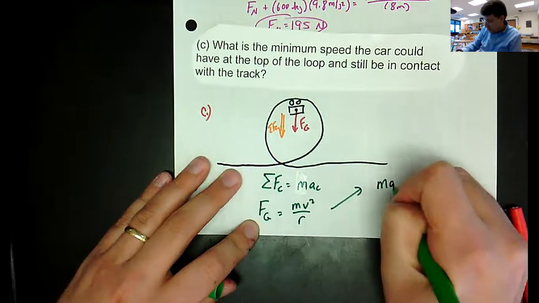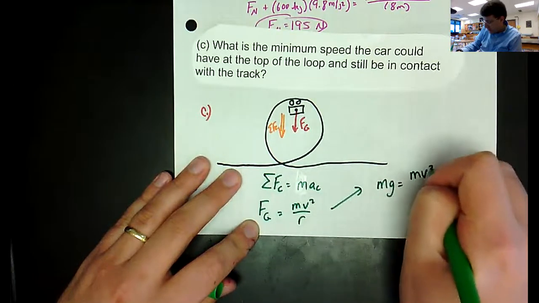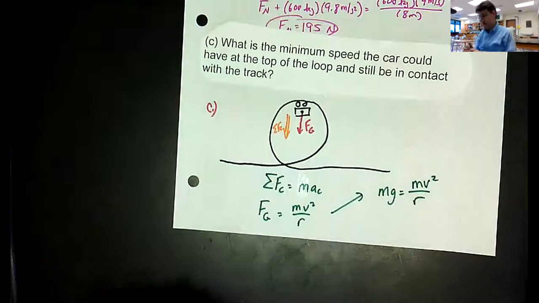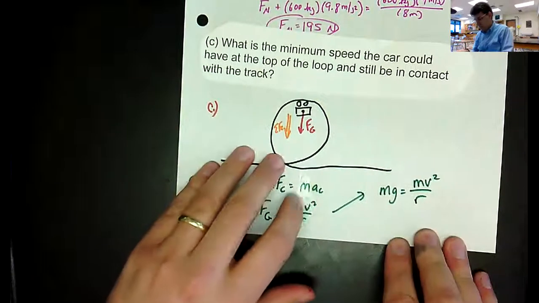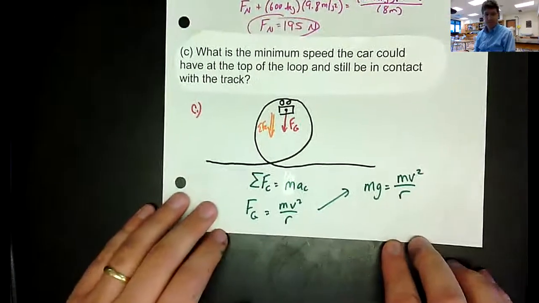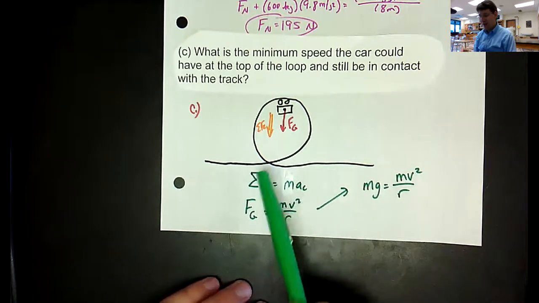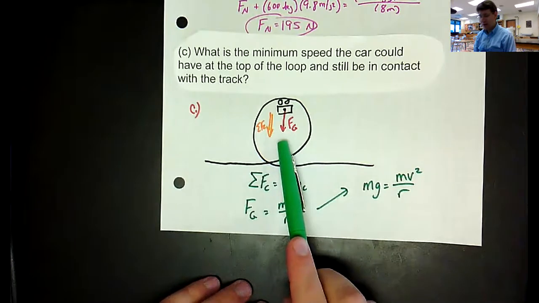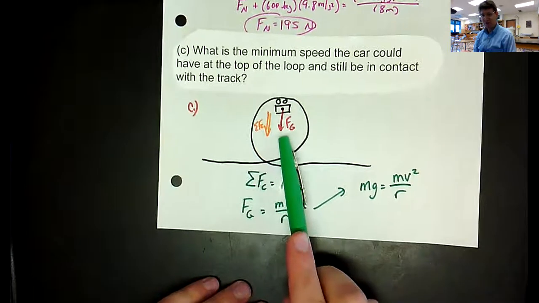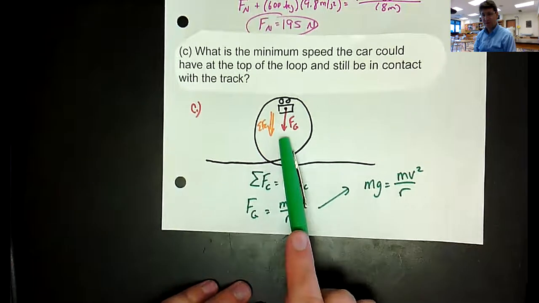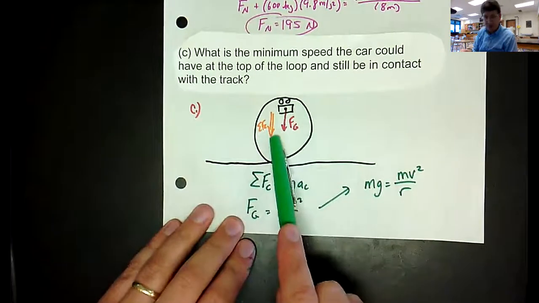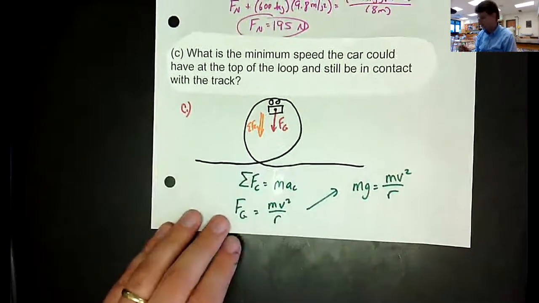So we have mg equals mv squared over r. Does that make sense? Because if I'm going any slower than this, I've got too much force going towards the center. And what's the result? I'm going to go towards the center. I'm going to fall off.